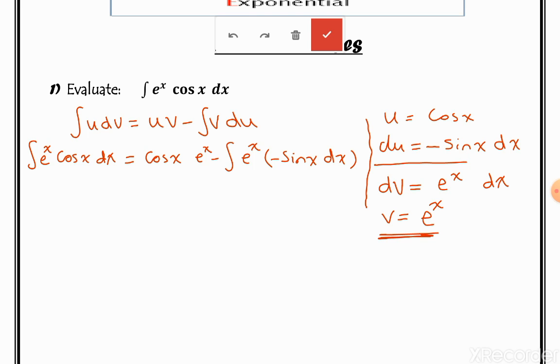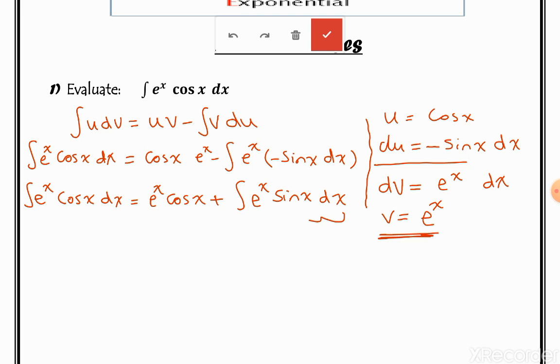The next step: the integral of e to the power of x cosine x dx is equal to e to the power of x cosine x, and negative times negative is positive, plus the integral of e to the power of x sine x dx.